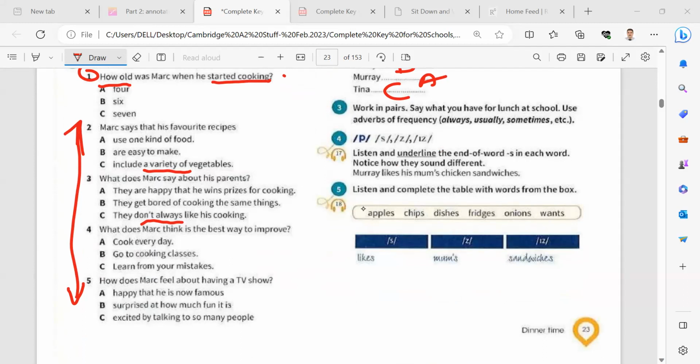Yes. Mary likes his mom's chicken sandwiches. Perfect. Now listen and complete the table with words from the box. Before we listen, Nawaf, can you write the word in the right column, please?